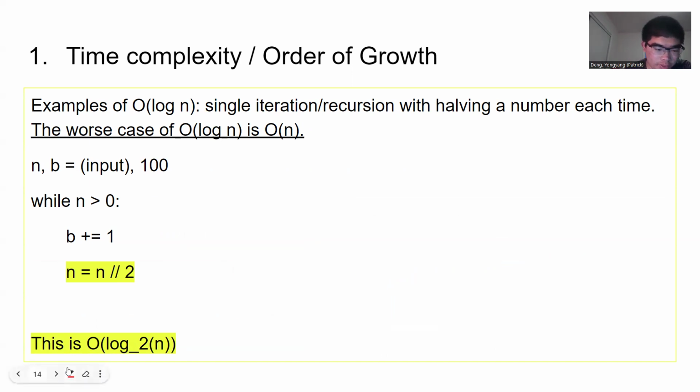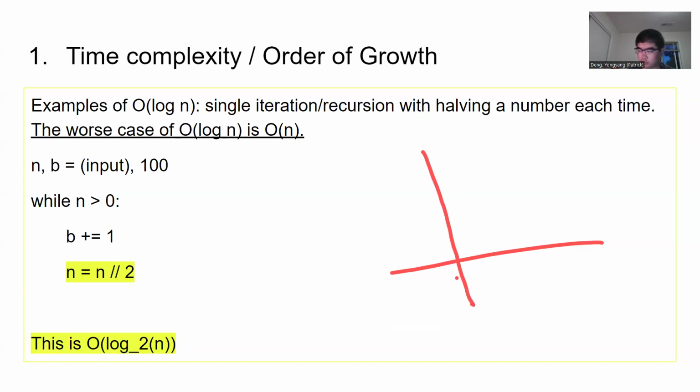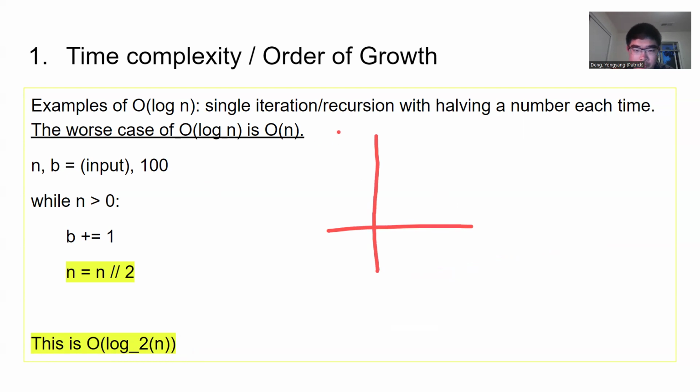Because for the graph, suppose this is the graph and this is time and this is input.